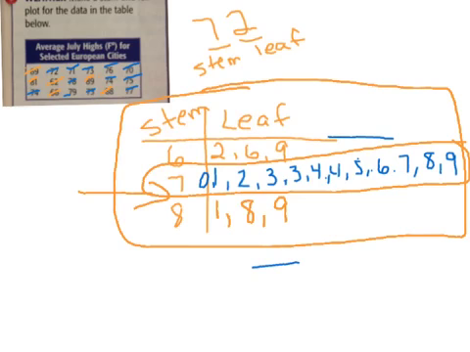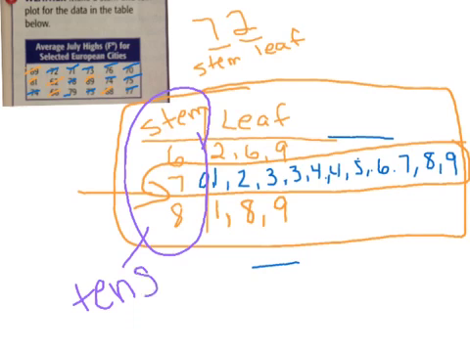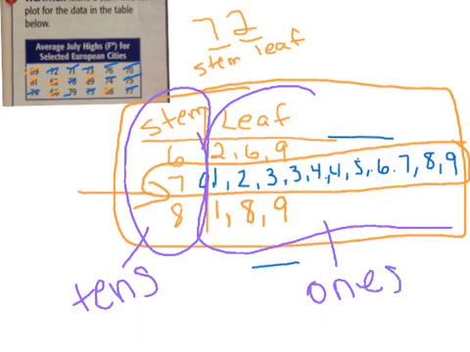So we're using the tens digit for the stems. Just to remind you, the stems in this case are the tens digit. The leaves are the ones digits. And you always write the leaf even if it repeats. So we have multiple 3s, multiple 4s.